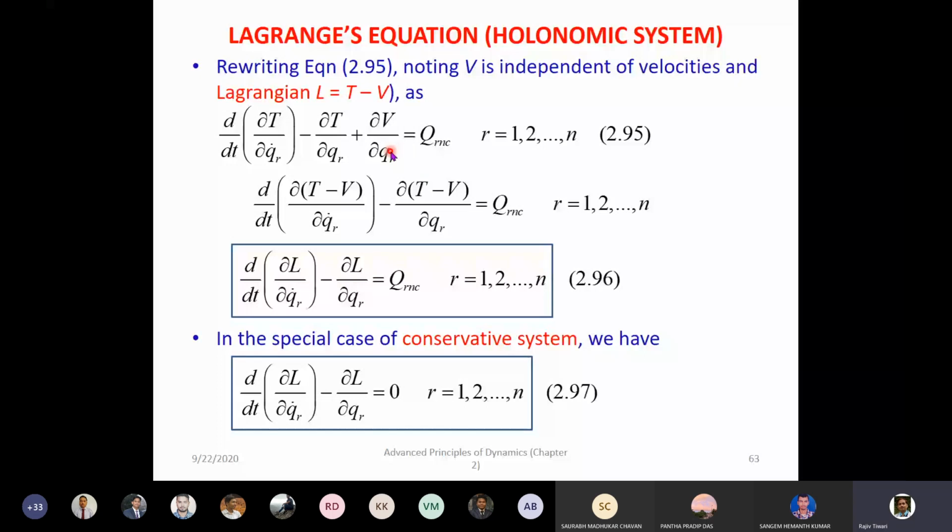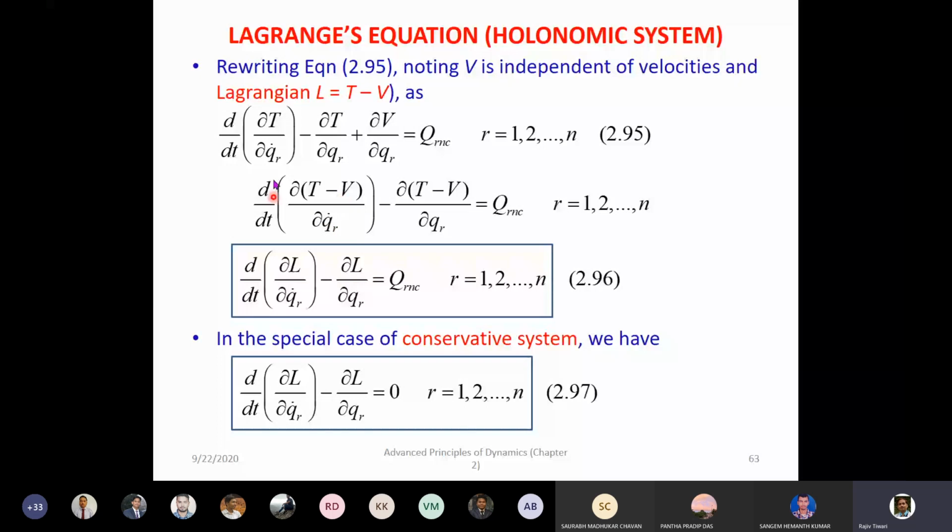Generally, the potential energy is independent of the velocities. It will not depend upon the velocity; it depends only on the generalized coordinates. So I have arranged here T minus V with the derivative with respect to velocity. If I differentiate, the potential energy term will not contribute anything, so this gives the same as this.